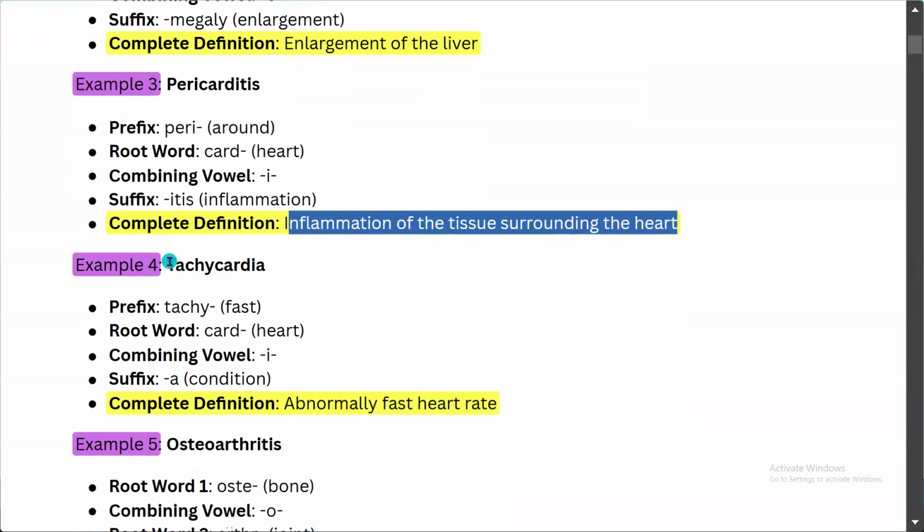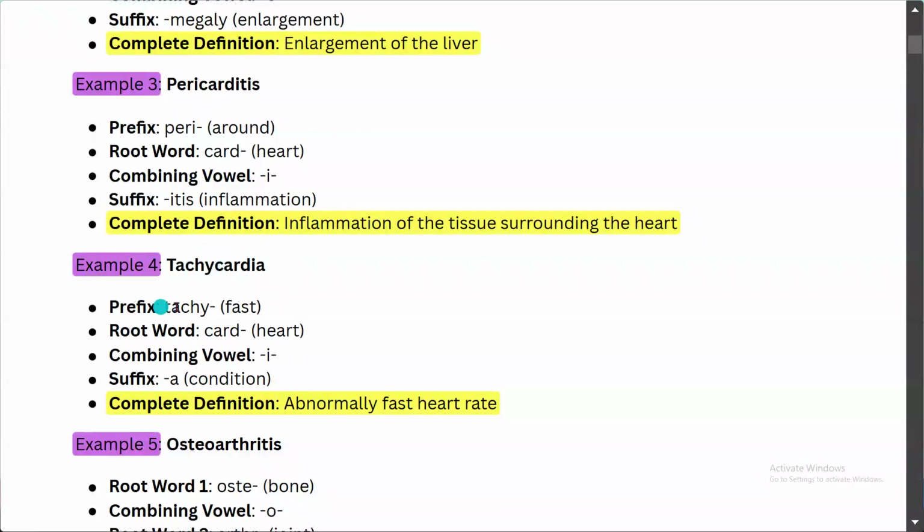Like the same thing, here the first word is tachy, the root word is card, the combining vowel is i, and the suffix is ia. What do you understand by tachycardia? An abnormally fast heart rate.